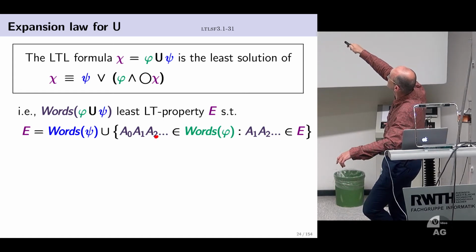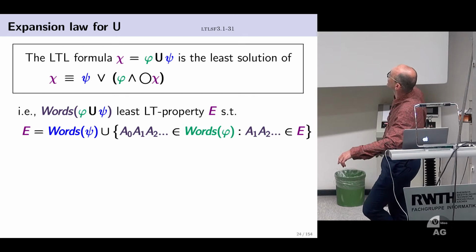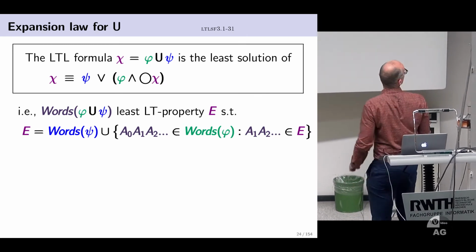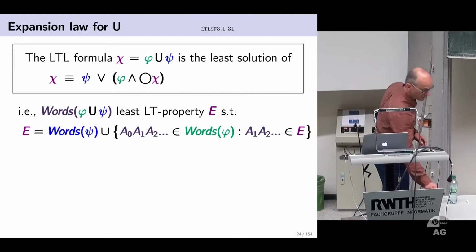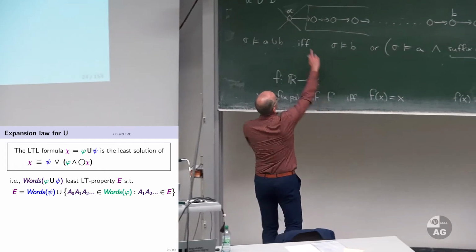Now if this is the sequence satisfying phi, what is then the next one? Well, the next one is obtained by just erasing the first symbol. That's exactly what I tried to express here. You look now at the remaining sequence.